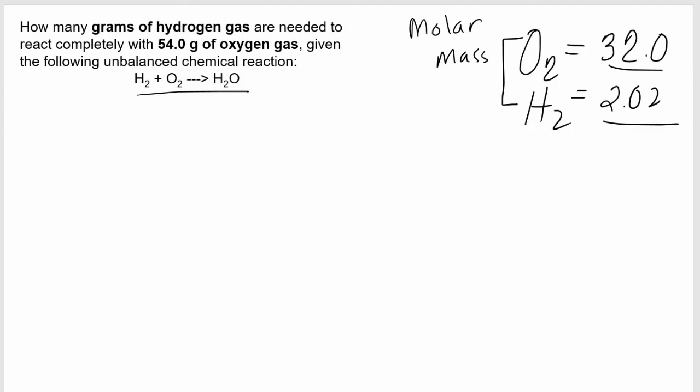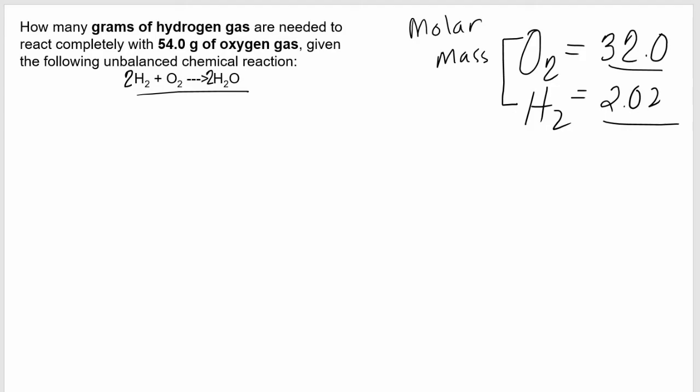Okay, so let us answer the exercise. So again, we would like to find the number of grams of hydrogen gas that are needed to react completely with 54 grams of oxygen gas, given the following unbalanced chemical equation or reaction. So we have to balance first the chemical reaction. So we have to put 2 here and 2 here.